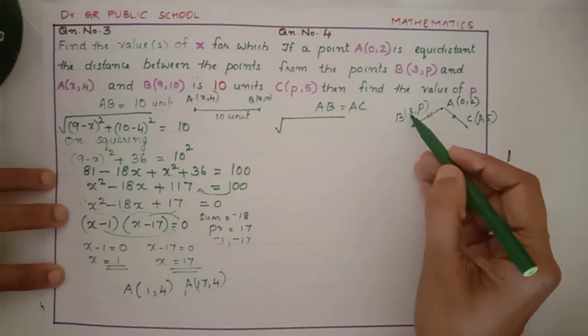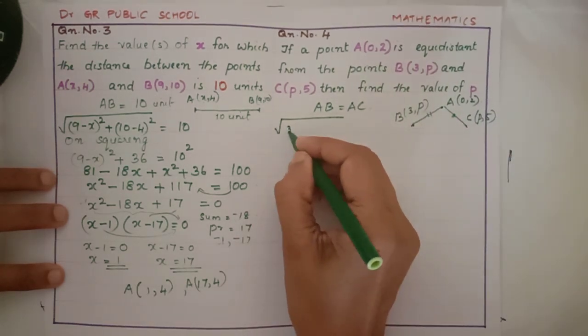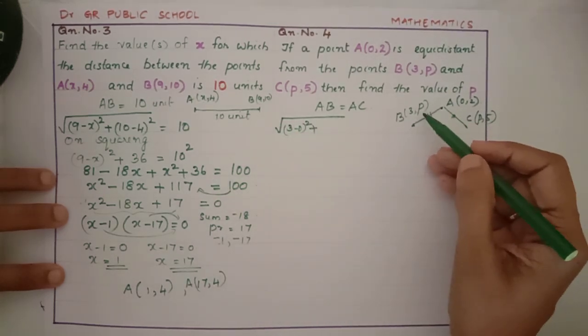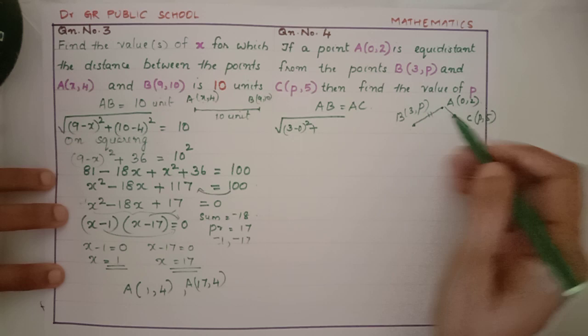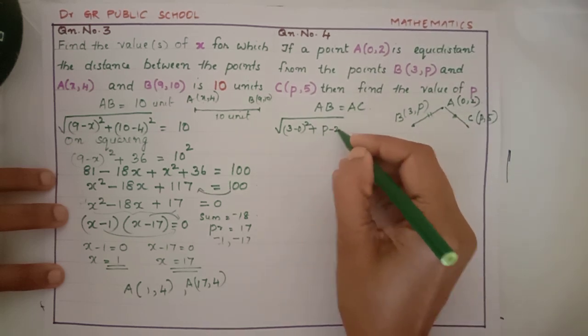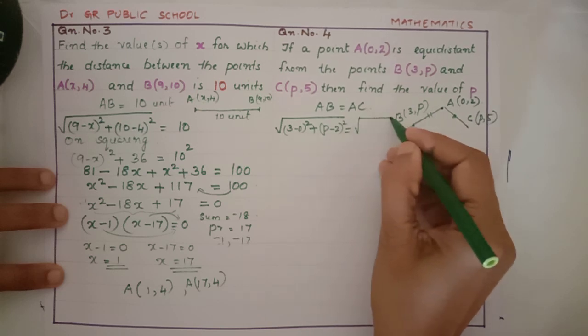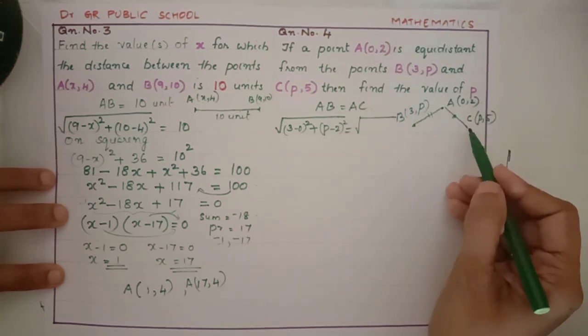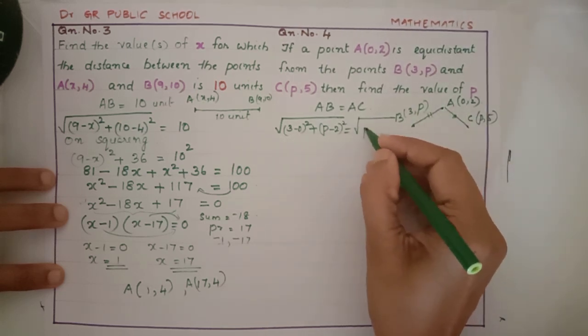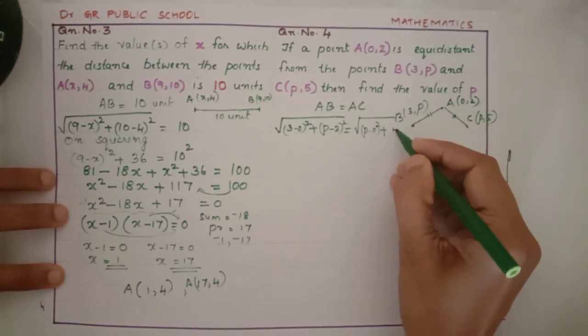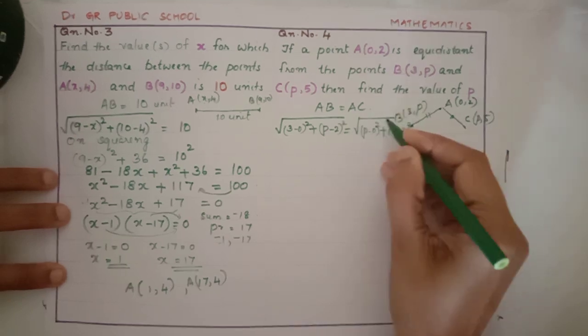So AB is the square root of (3 minus 0) the whole square plus (p minus 2) the whole square, equal to AC, which is the square root of (p minus 0) the whole square plus (5 minus 2) the whole square. Okay children?